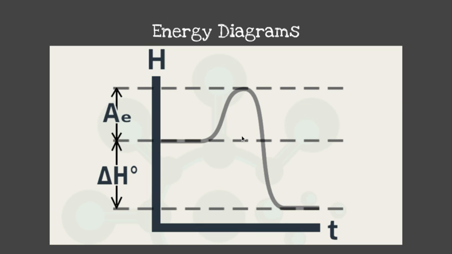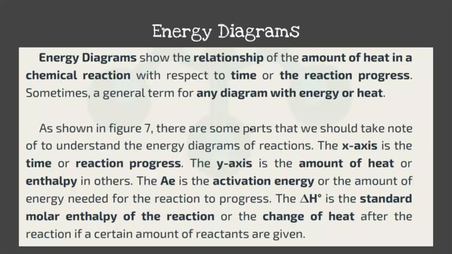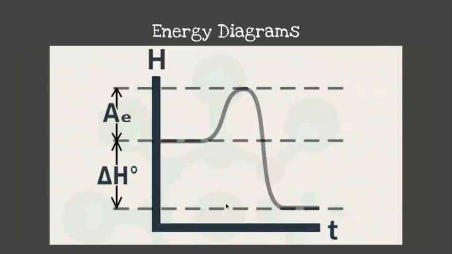And the amount of energy from the first flat line to the second flat line, you will take the difference, and that is the standard enthalpy of the reaction if this reaction is on a standard molar scale. So as you can see, the standard molar enthalpy, or the change in heat, it depends.